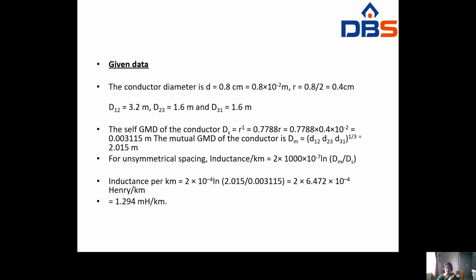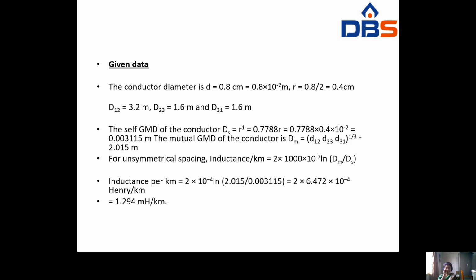Then r equals 0.8 by 2, that is 0.4 centimeters, which means 0.4 into 10 to the power of minus 2 meters. And the distances are D12 equal to 3.2 meters, D23 equal to 1.6 meters, and D31 equal to 1.6 meters.